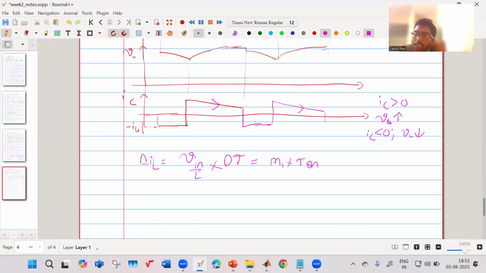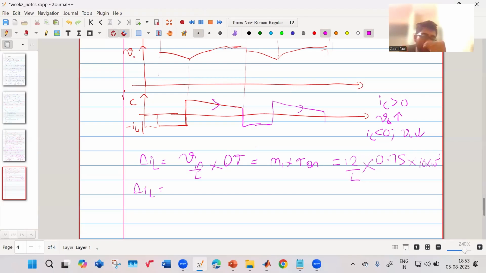Okay, that is V in upon L into dt. So what is our V in? Can anyone tell what is V in? 12 volt. L is not given actually. D we found out to be 0.75 and T is 10 microsecond. So the delta IL will be equal to 12 into 0.75 into 10.